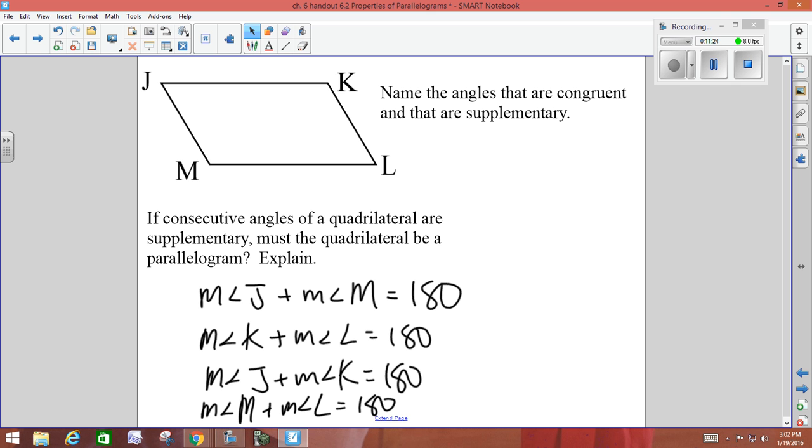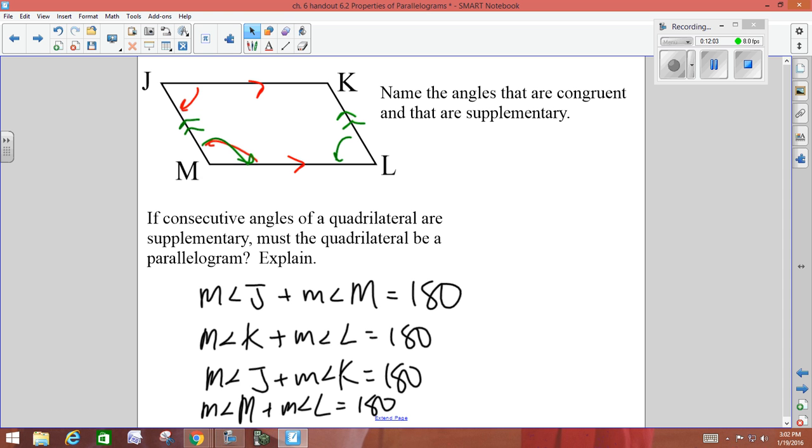If the measure of J plus the measure of M equals 180, what would you know about JK and ML then? They'd have to be parallel. That's that blue poster. If same sides are supplementary, then the lines are parallel. If M and L are supplementary, what would you know about JM and KL? They're parallel. So if your consecutive angles are supplementary, does it have to be a parallelogram? Yes. Consecutive supplementary angles mean you have a parallelogram.